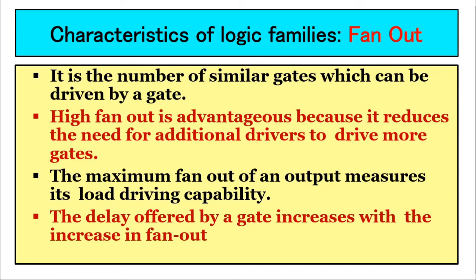High fan out is always advantageous because it reduces the need for additional drivers to drive more gates. The maximum fan out of an output measures its load driving capability. The delay offered by a gate increases with the increase in fan out.